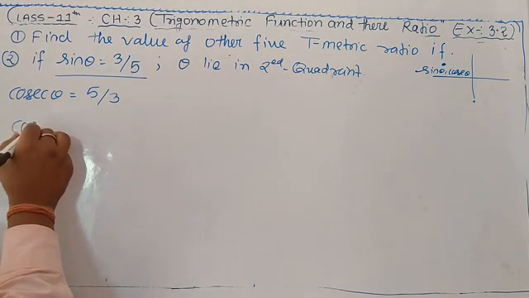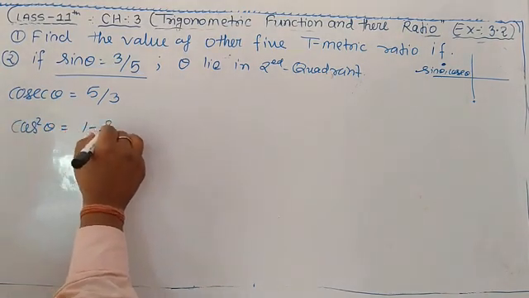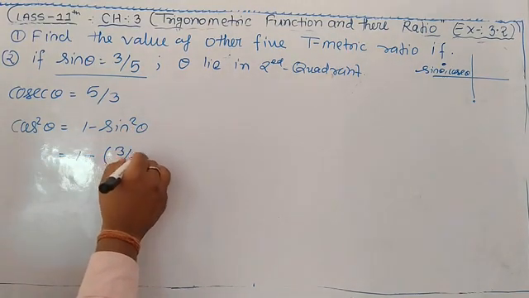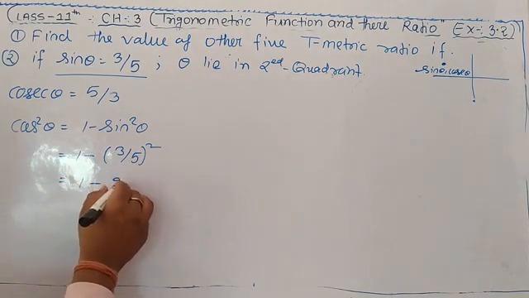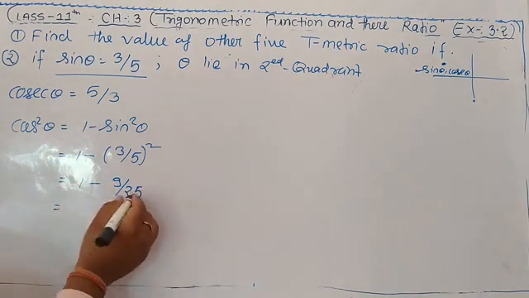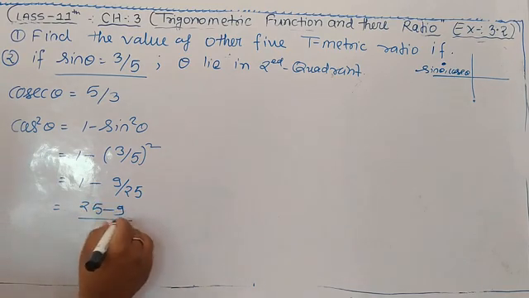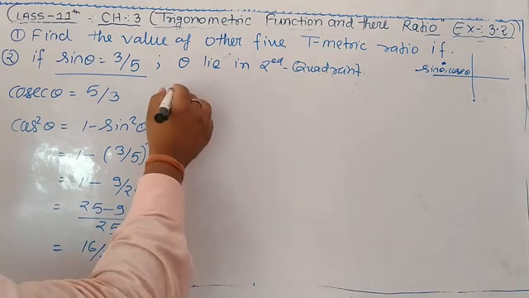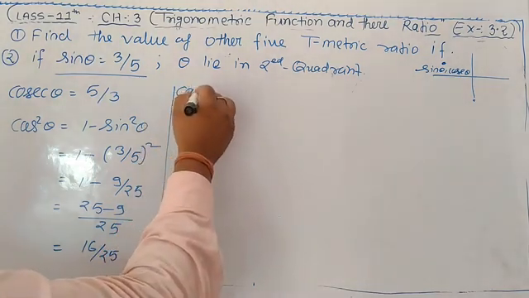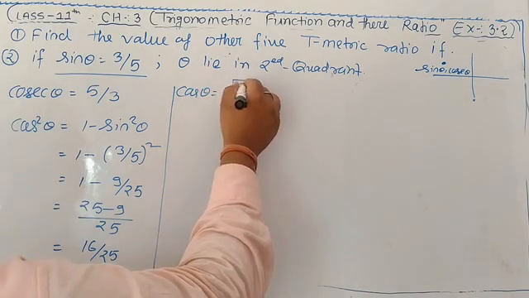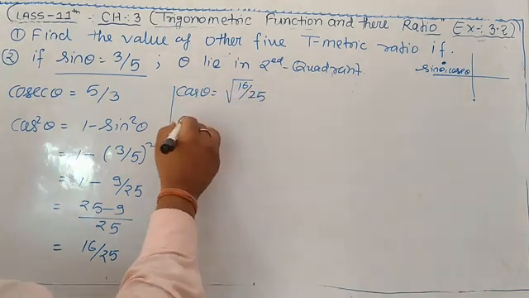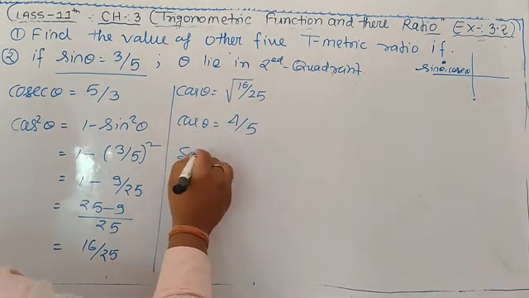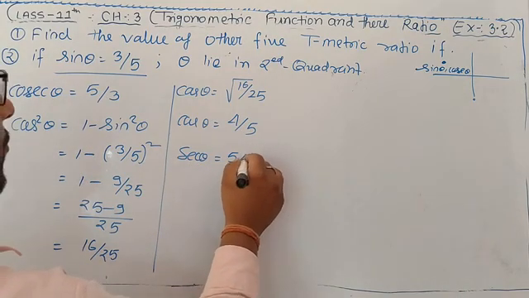We know that cos square theta is equal to 1 minus sin square theta. 1 minus the value of sin theta, 3 by 5, whole square. 1 minus 9 by 25. 25 minus 9 upon 25 is equal to 16 upon 25. Then cos theta is equal to root of 16 upon 25. Cos theta is equal to 4 upon 5. Then sec theta is equal to 5 by 4.